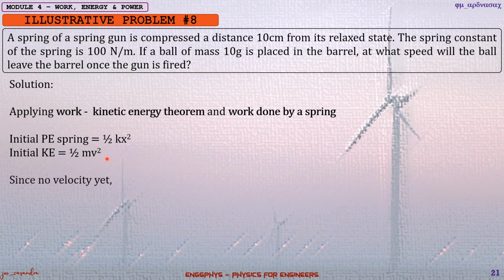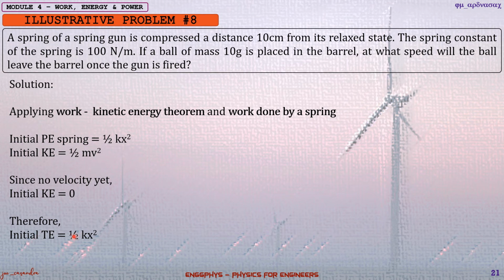Since there is no velocity at the start, our initial KE is equal to 0. So applying our mechanical energy, our initial total energy is simply equal to the initial spring energy, or the potential elastic energy.